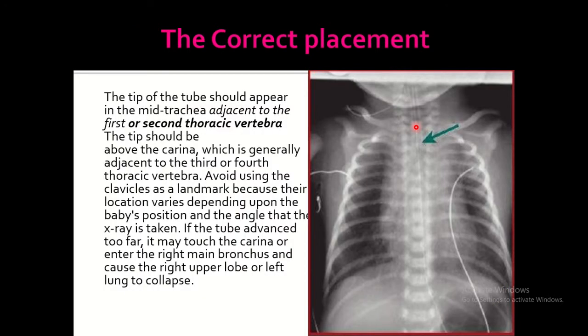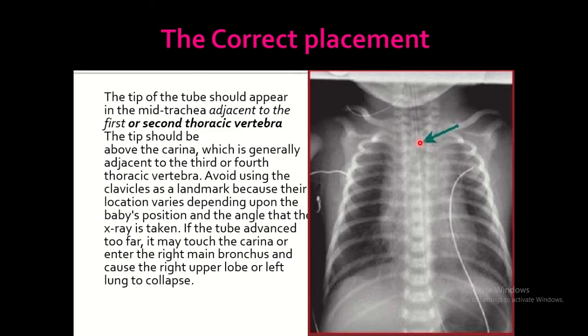Why? Because the tip of the tube, as pointed by the arrow, should be against the first or second vertebra and should be above the carina and not exceed it. Avoid using the clavicles as landmarks because they differ according to the view of the chest X-ray and from one baby to another. If the tube advances too far, it may touch the carina or enter the mainstem bronchus.